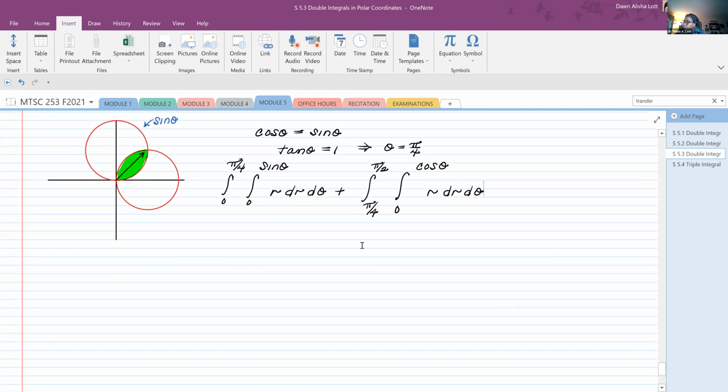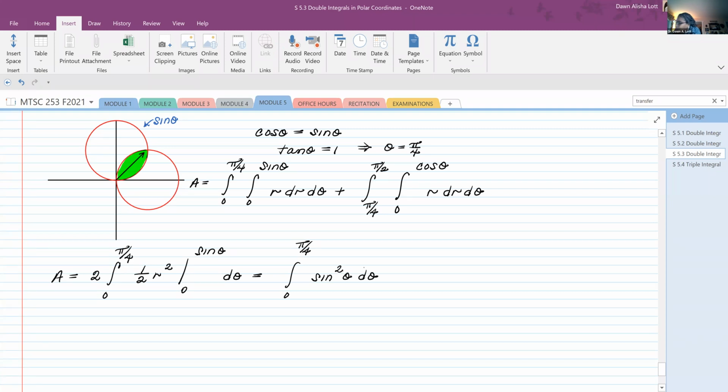So this is the area. The area is twice the first one, of 0 to pi over 4, and then I get 1/2 r squared evaluated from 0 to sine of theta d theta. The halves and the 2 cancel, so I get the integral from 0 to pi over 4 of sine squared theta d theta.